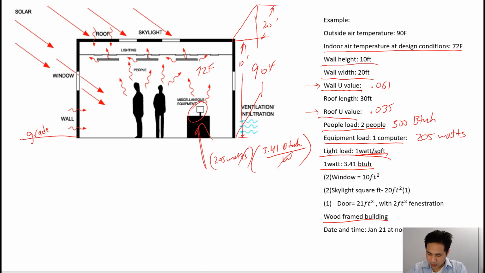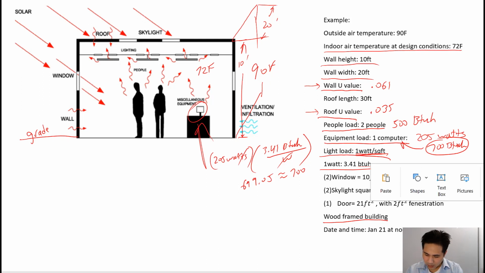The watts cancel out and you're left with 699.05, or let's just round it off to 700 BTUs. So that's 700 BTU per hour for the computer load.